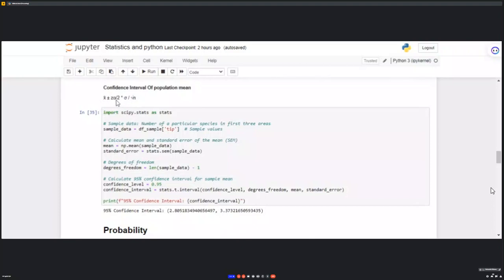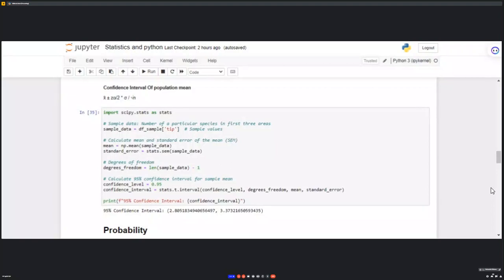Okay, from that formula, when you want to get the alpha, is it the upper bound or the lower bound? From my understanding, we shall use the Z table.